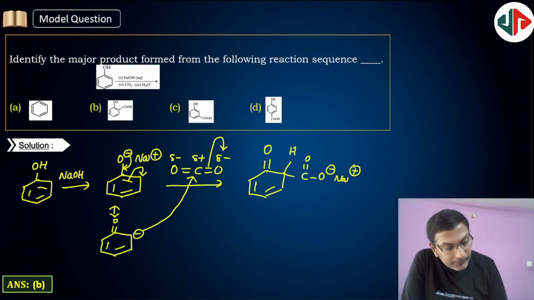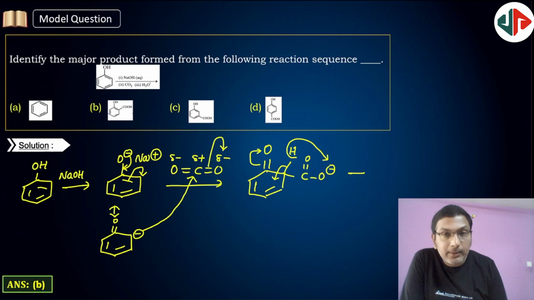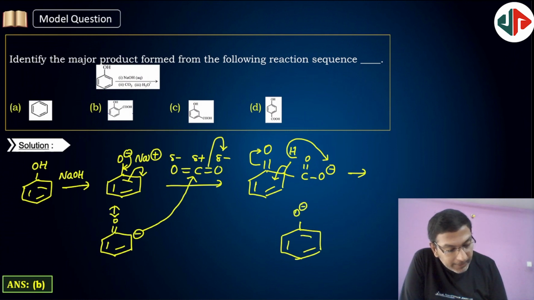Next. This hydrogen migrates, and this will be like this. And the compound will be here O minus and COOH.